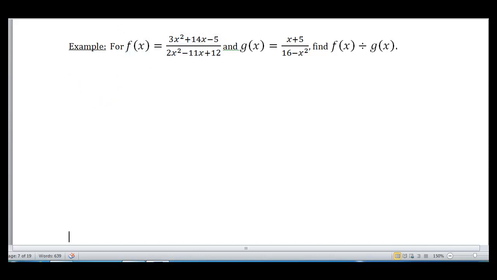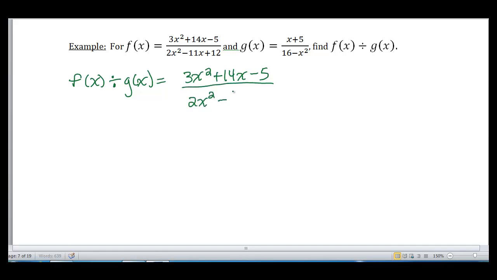When I do f of x divided by g of x, I'm going to take f of x and divide it by g of x. But remember, when we divide, we multiply by the reciprocal. All right, so instead of rewriting it as the division, I'm going to go ahead and multiply by the reciprocal.